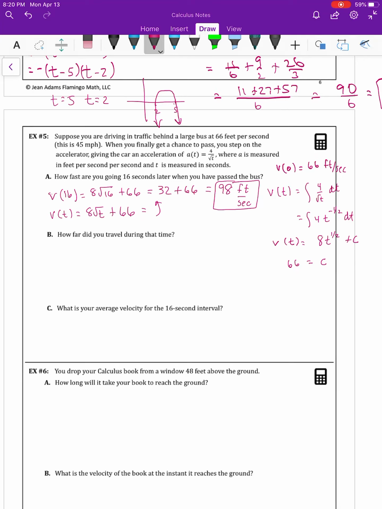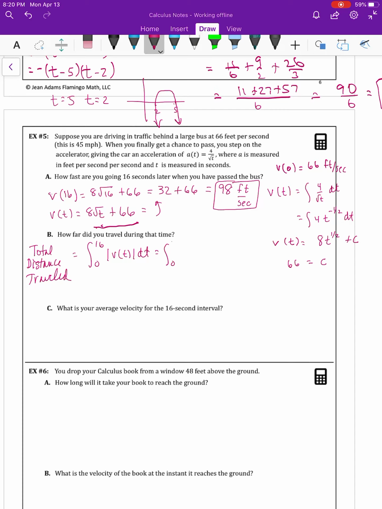Okay, so the velocity: how fast are you going 16 seconds later when you have passed the bus? 98 feet per second. How far did you travel during that time? So that means we're looking for total distance traveled. And that's going to be our integral from 0 to 16 of the absolute value of v of t dt.